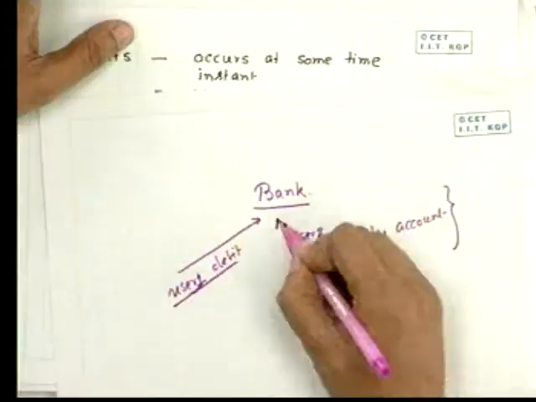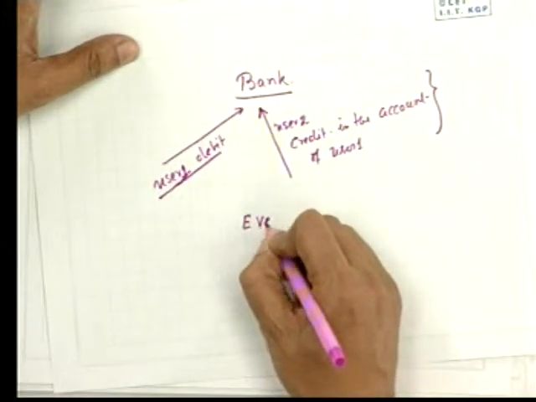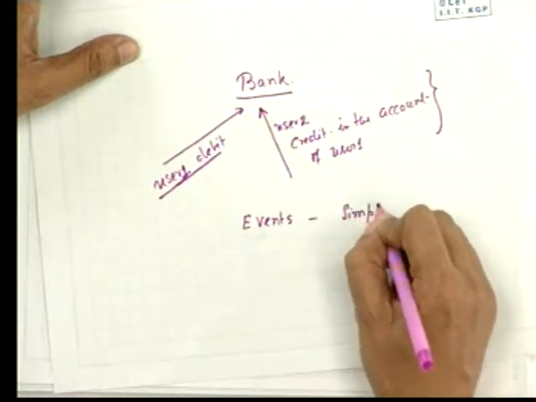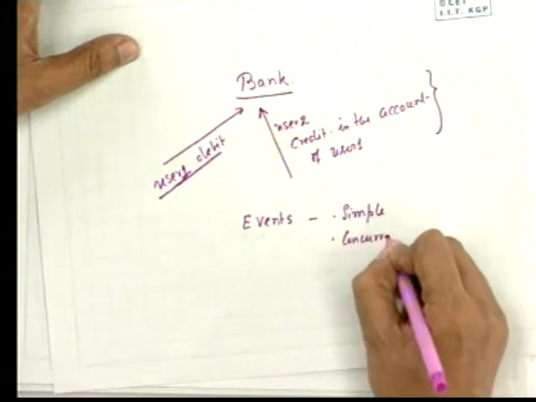Now, what we are talking about here is that events can be simple, maybe simple means single event. They may be concurrent.